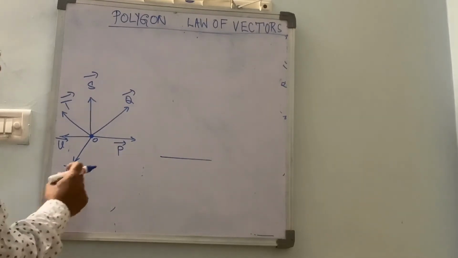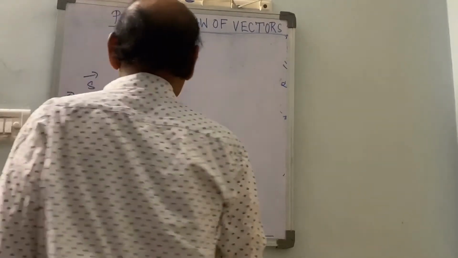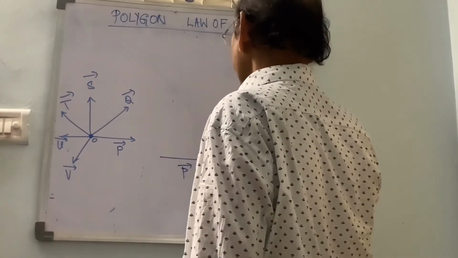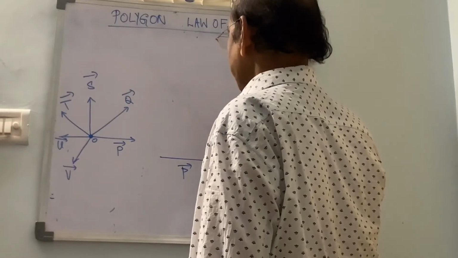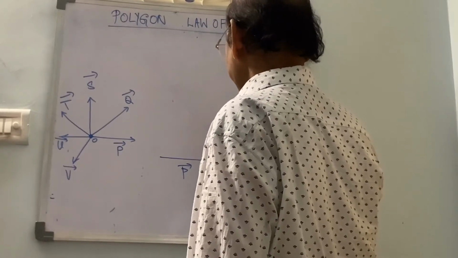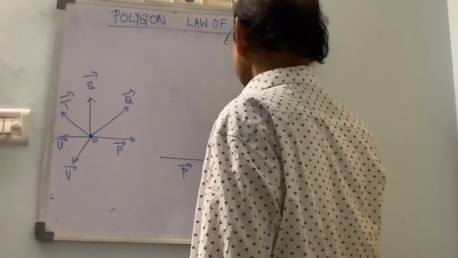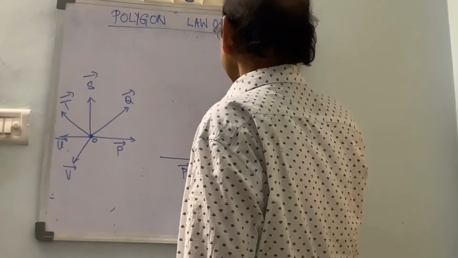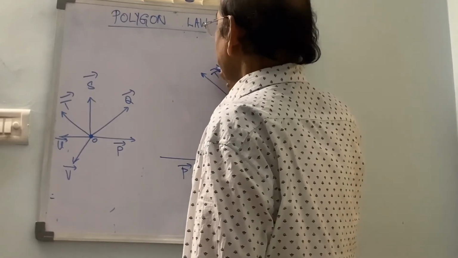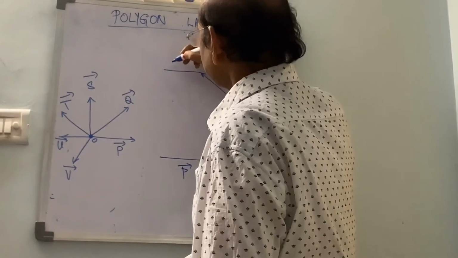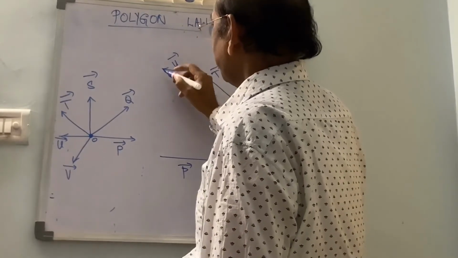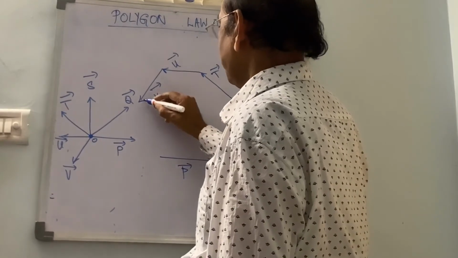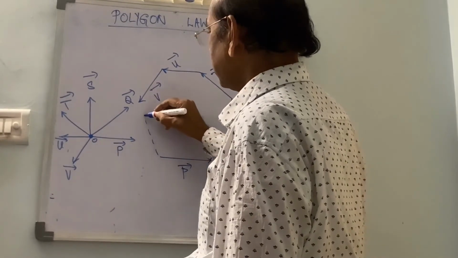Now to find the resultant of these vectors, we use the polygon construction, joining the tail of Q bar at the head of P bar, then Q bar, S bar, T bar, U bar, V bar. Now the closing side here.